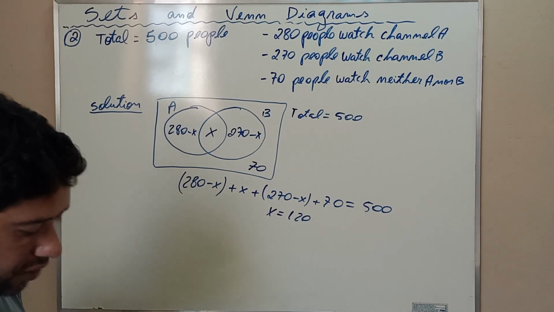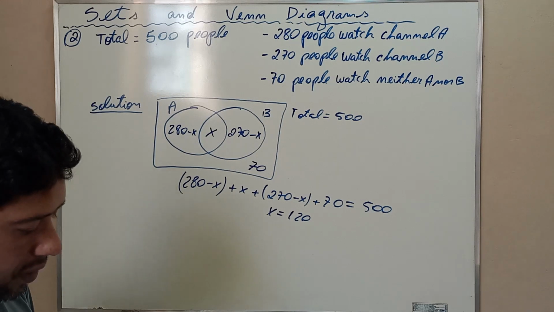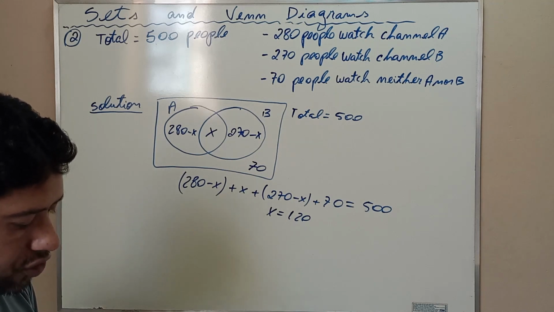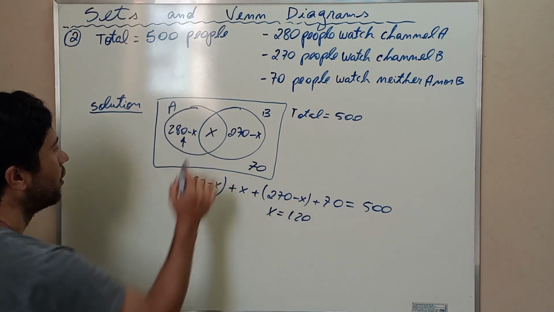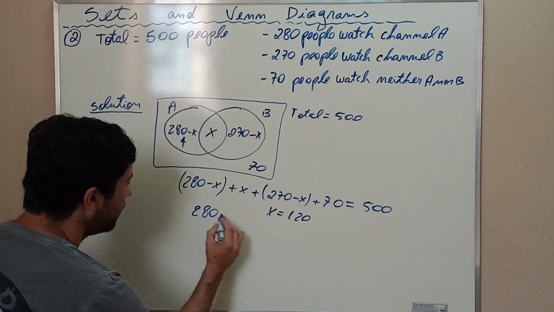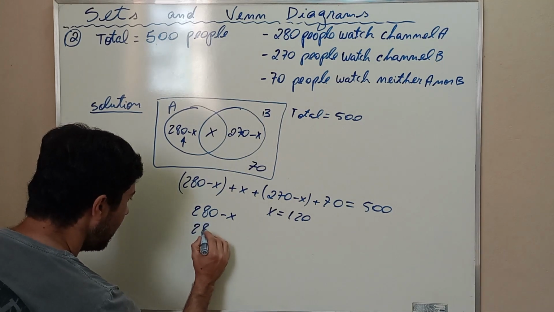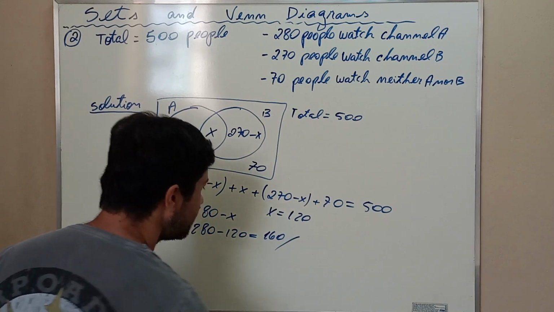What we want is, the exercise asked us this: what is the number of people who watch channel A but do not watch channel B. And this is this number here. 280 people minus X is the number of people that watch only channel A and not channel B. Alright, so it is gonna be 280 minus 120, and this is equal to 160 people.